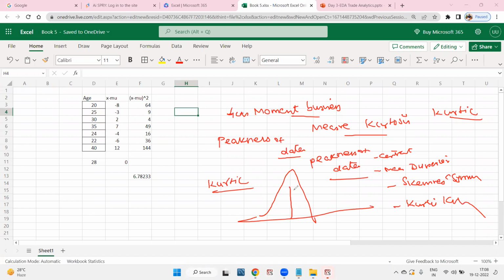When your data is normal, it is also called a normal distribution. It is usual data.